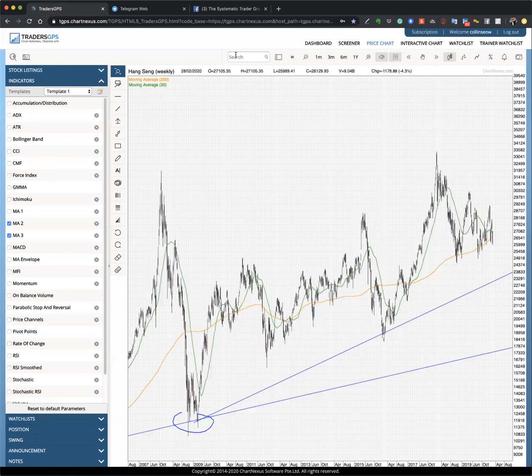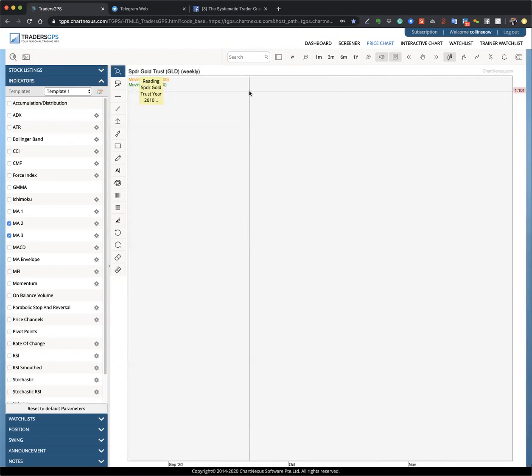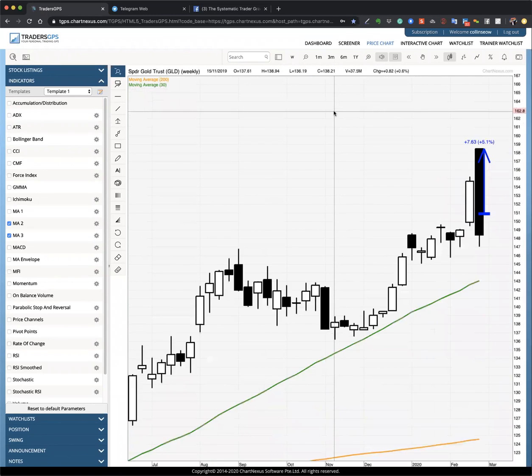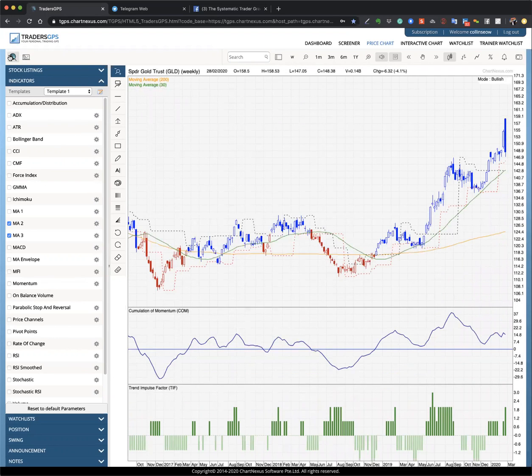Gold, okay, let's look at gold. Today is a bit all over the place, guys. I may not be able to do everything. So let's say, for example, the gold weekly chart. Then you apply this Trader GPS on the weekly chart.